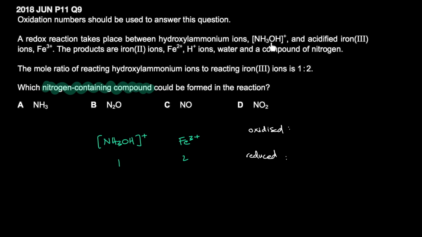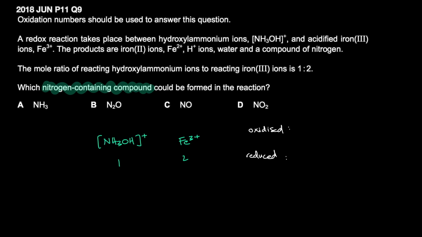Oxygen is -2 throughout, in water as well as in this ion over here. Hydrogen has an oxidation number of +1 throughout. We have H+ here, we have acidic conditions, and in water also, hydrogen is +1. So hydrogen is +1 throughout, oxygen is -2 throughout. That means that only the oxidation number of nitrogen and iron is changing.